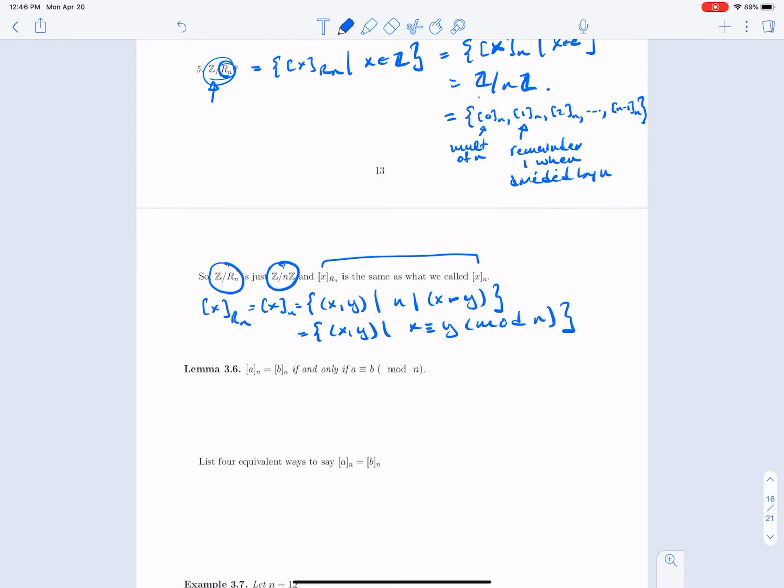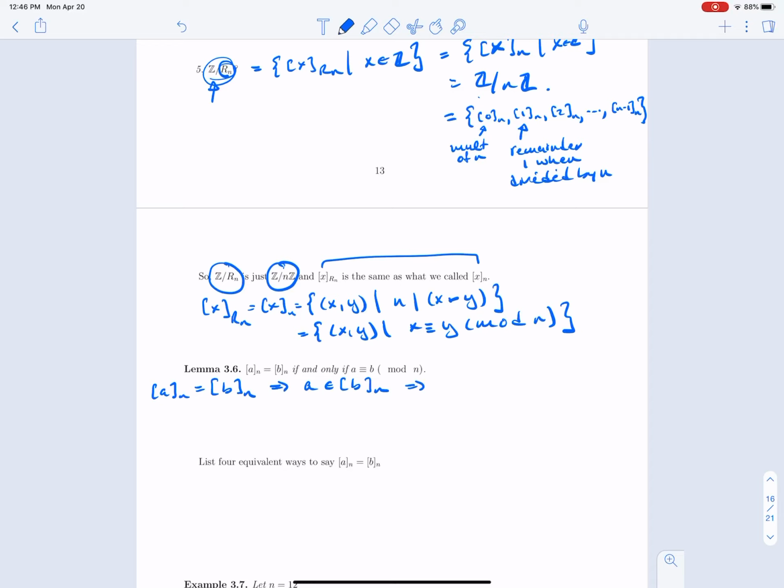So what would it mean that the class of A is equal to the class of B, so the class of A mod n is equal to the class of B mod n? This is true exactly when they are not different. So that means that A is in the class of B mod n.